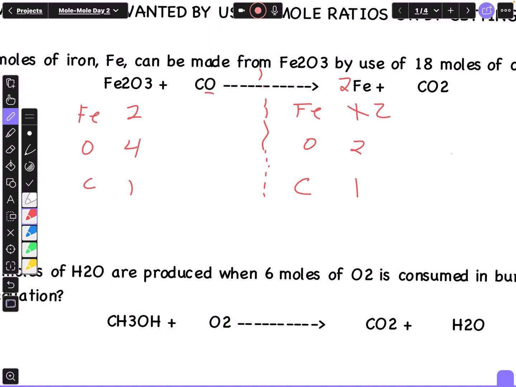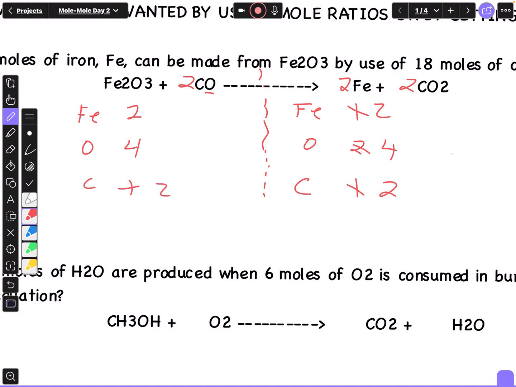Then my oxygens. Now you would think, I have 4 on the left and 2 on the right, I just need to put a 2 right here. But that changes my oxygens to 4, which balances them, but it changes my carbons to 2. So I have to go back to the other side and balance my carbons. I put 2 there, and it makes my carbons equal 2, but it changes my oxygens.